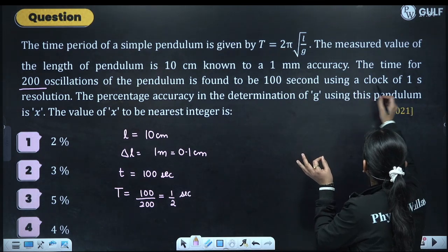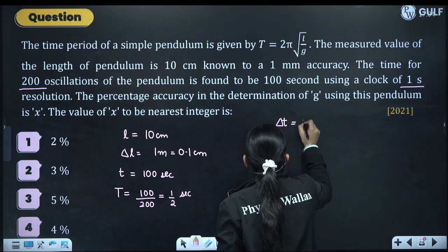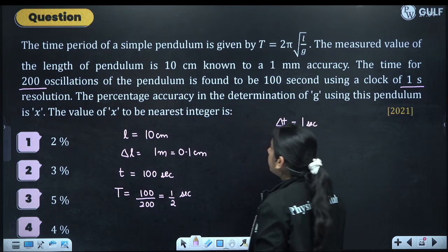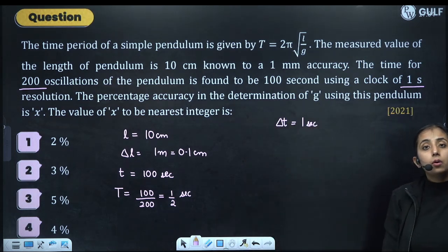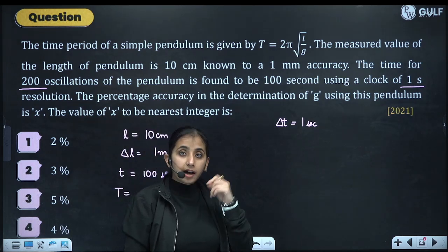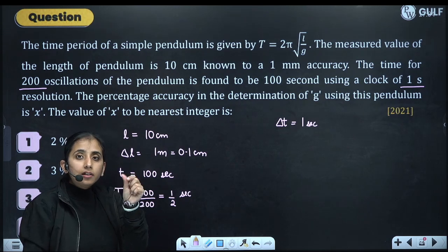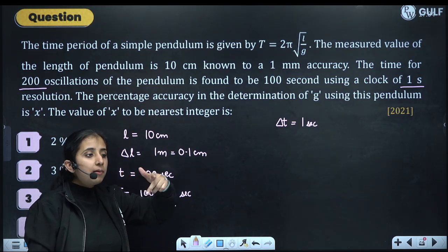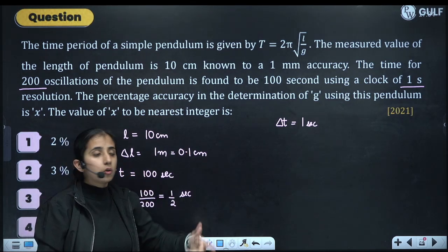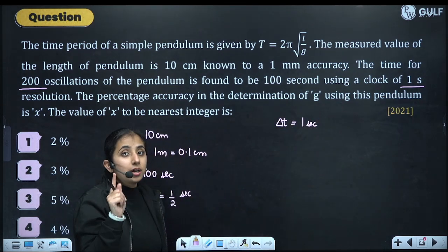Next is using a clock of 1 second resolution. So delta t for the clock we are measuring is 1 second. Whatever error is introduced in one oscillation, the same error will be introduced in every oscillation. So total error introduced in time is 1 second.